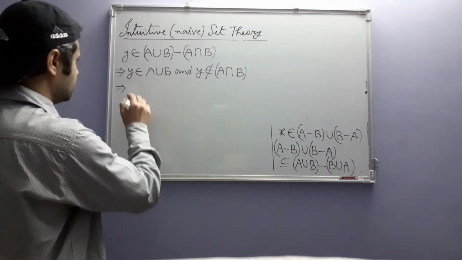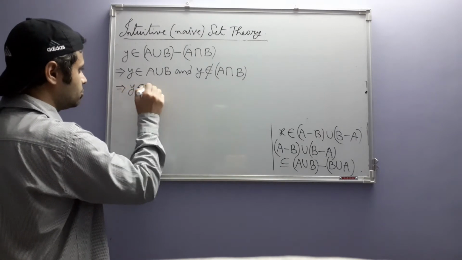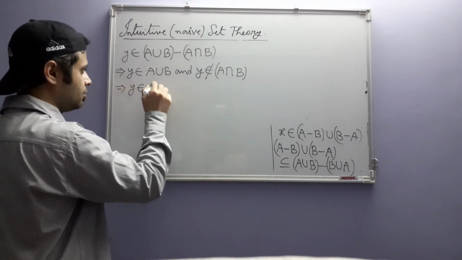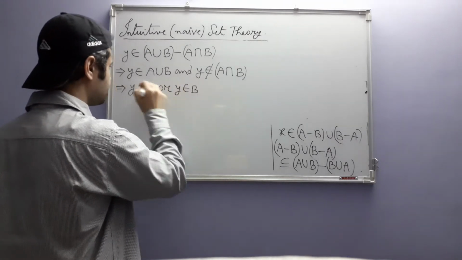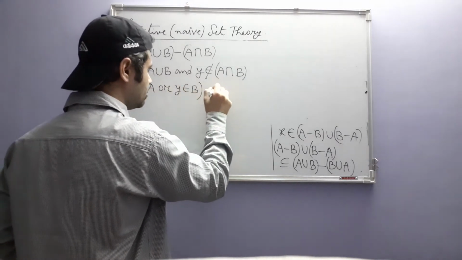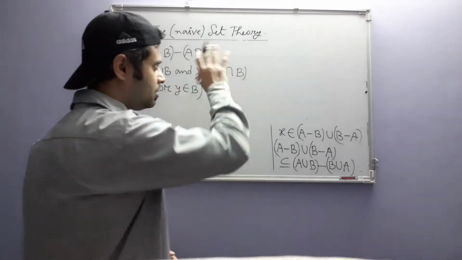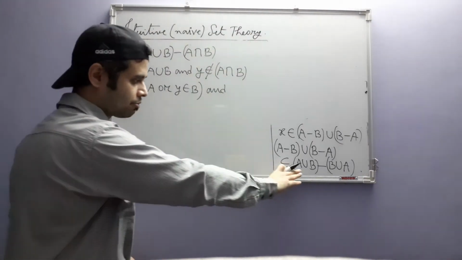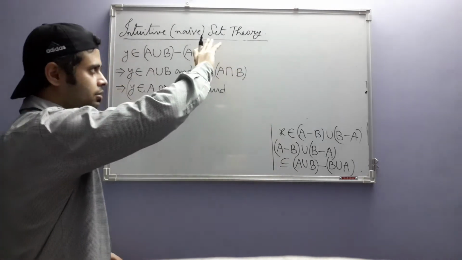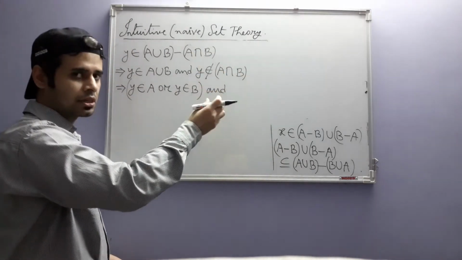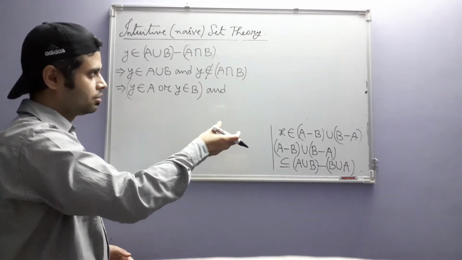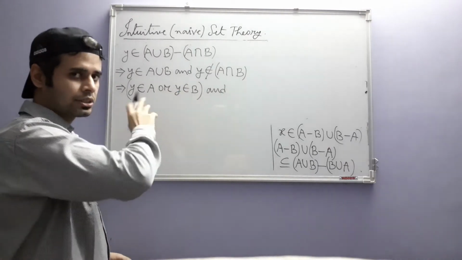That's what I think. Y belongs to A or Y belongs to B, but while proving this one, along the way we came across a universal set which we took its intersection with some other set.